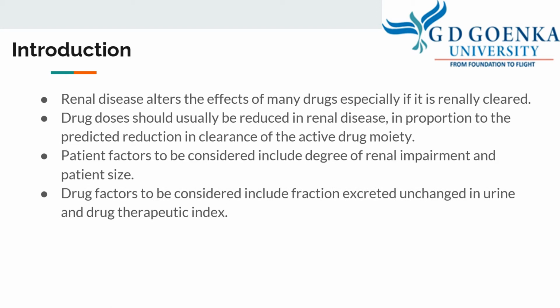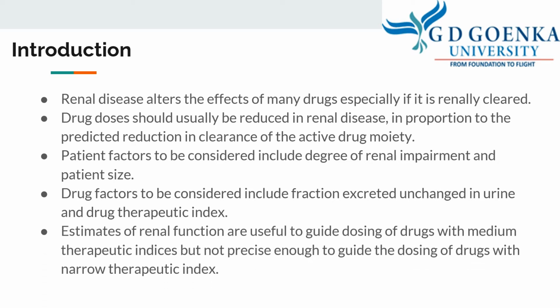The two drug factors that need to be considered are the fraction excreted unchanged in urine and the drug therapeutic index. Estimates of renal function are useful to guide dosing of drugs with medium therapeutic indices, but not precise enough to guide the dosing of drugs with a narrow therapeutic index.